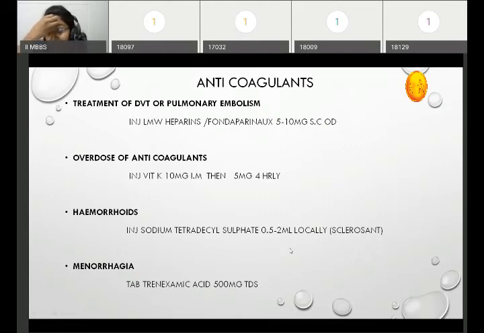They prevent excessive bleeding by decreasing the clot dissolution. Okay, hence they are known as antifibrinolytic. So this is tranexamic acid, given 500 milligram TDS. This was the treatment of menorrhagia.